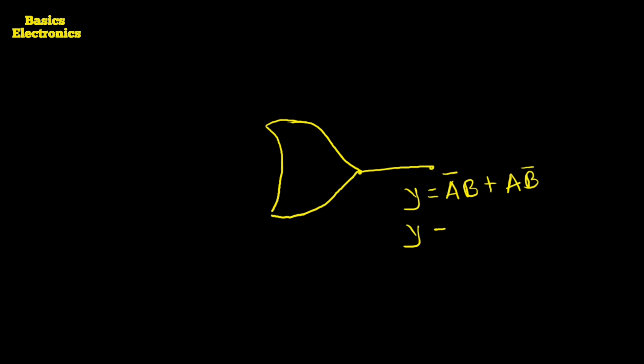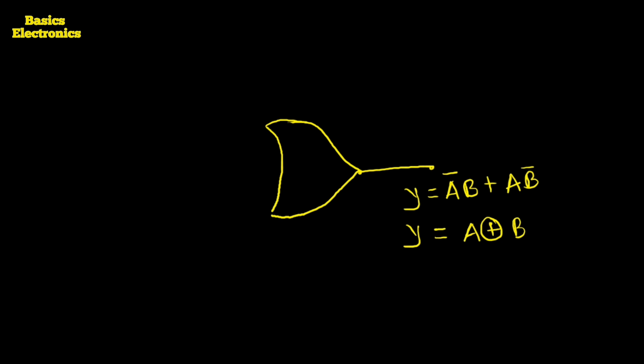but we can directly write its output like this: A XOR B. See, in its equation there is a plus sign, but that plus sign has a circle because it is different from the normal OR gate.